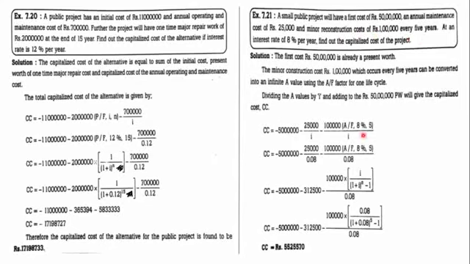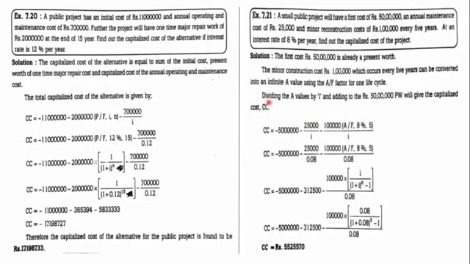For the minor reconstruction cost every 5 years, they have given a time period of 5 years. We have to reconstruct at an interval of every 5 years, but they have not mentioned any life period for the project.